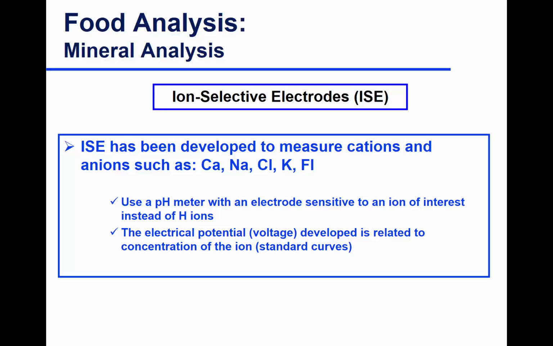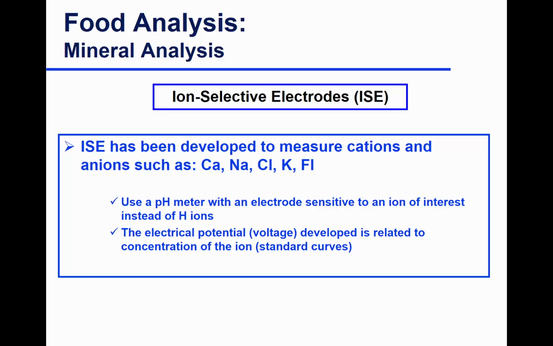The ion-selective electrode works like a pH meter, basically, but your electrode is measuring specific ions. Commonly used ion-selective electrodes are for calcium, sodium, chloride, potassium, and fluoride.